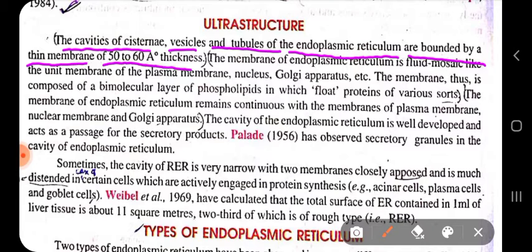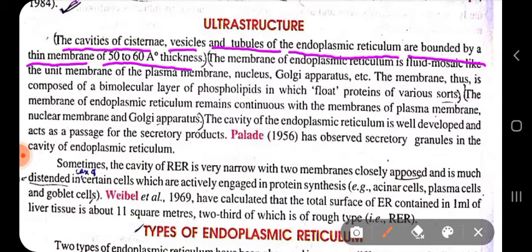The hollow space region is called the cavity. If you see the cavity region of the cisternae, vesicle, and tubular structures of ER, they are also bounded by a very thin membrane of 50 to 60 angstrom thickness.